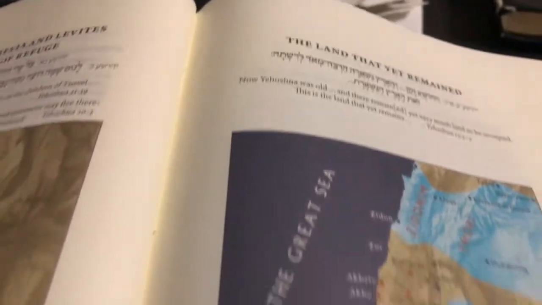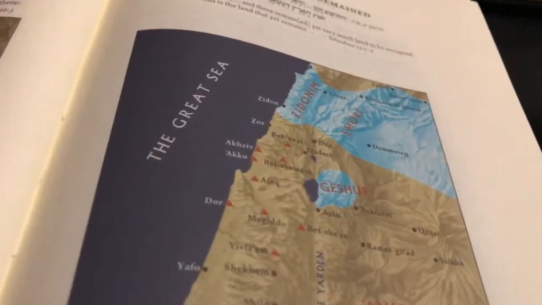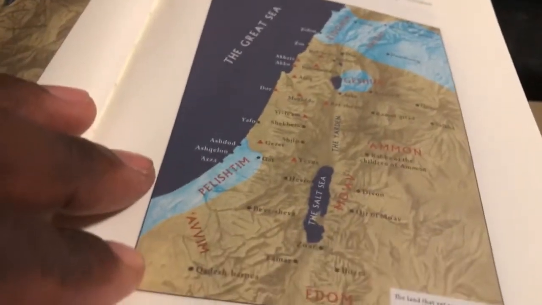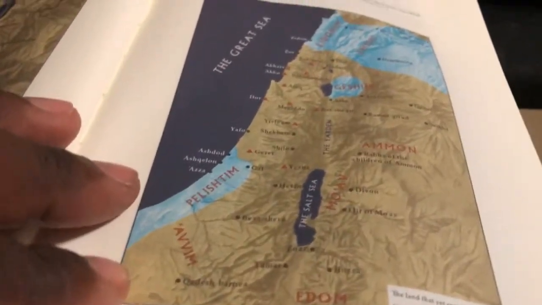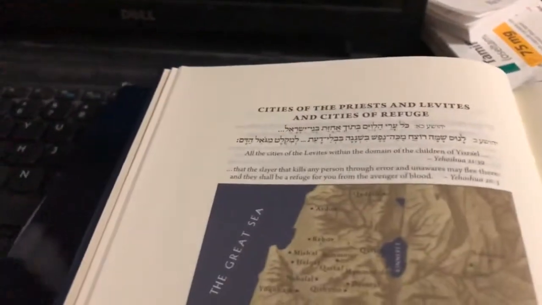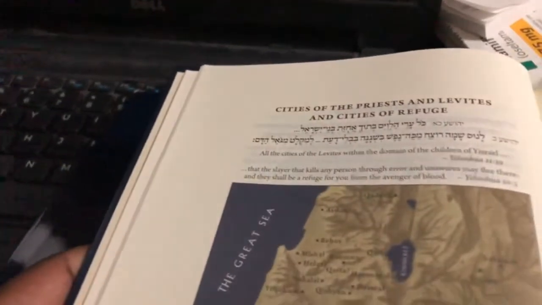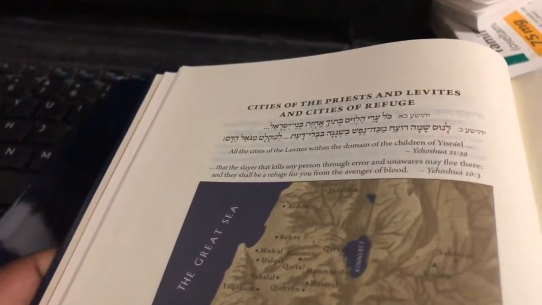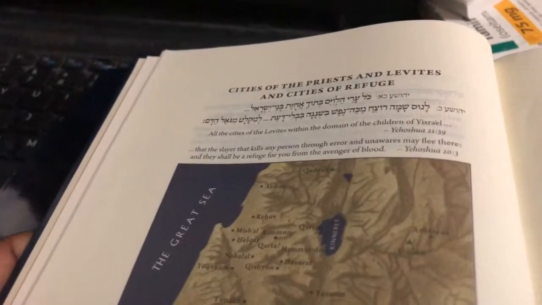A lot of good stuff, man. A lot of good stuff. The land that yet remained, right? After our forefathers took the land, there were still some lands that needed to be taken, right? Go to the book of Judges to get that information. The cities of the priests and Levites and cities of refuge, right?